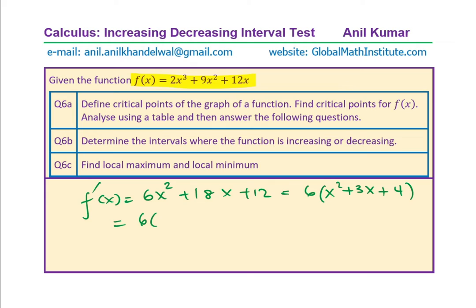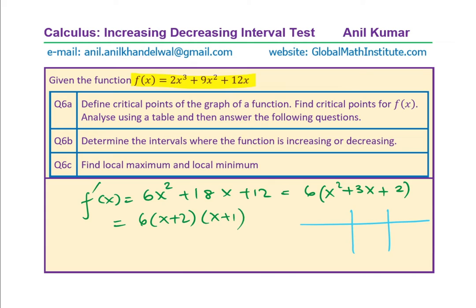So 6 is common, right? So you get 6 times 2, not 4. This is 12, right? So 6 times 2. Now, it makes sense. So 2 and 1, right? So x plus 2 times x plus 1. So now you have your critical numbers, and therefore you can easily solve it, right?